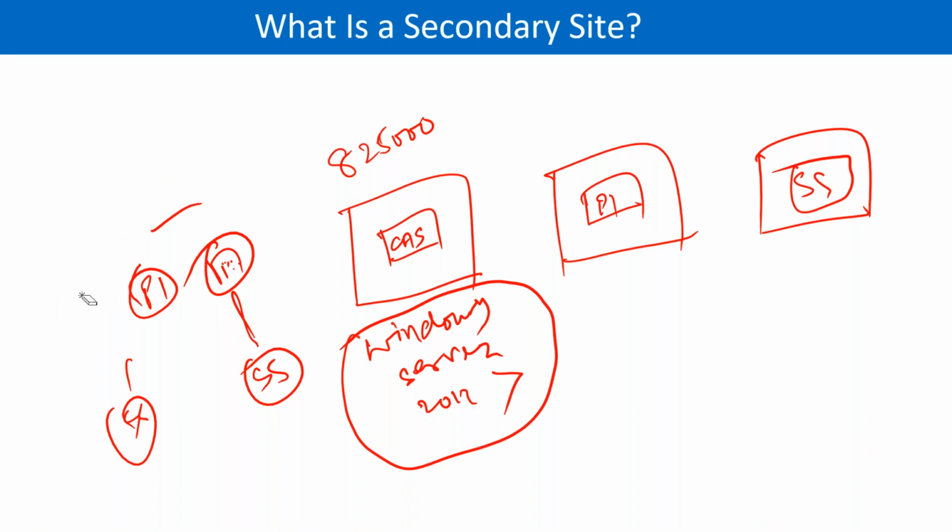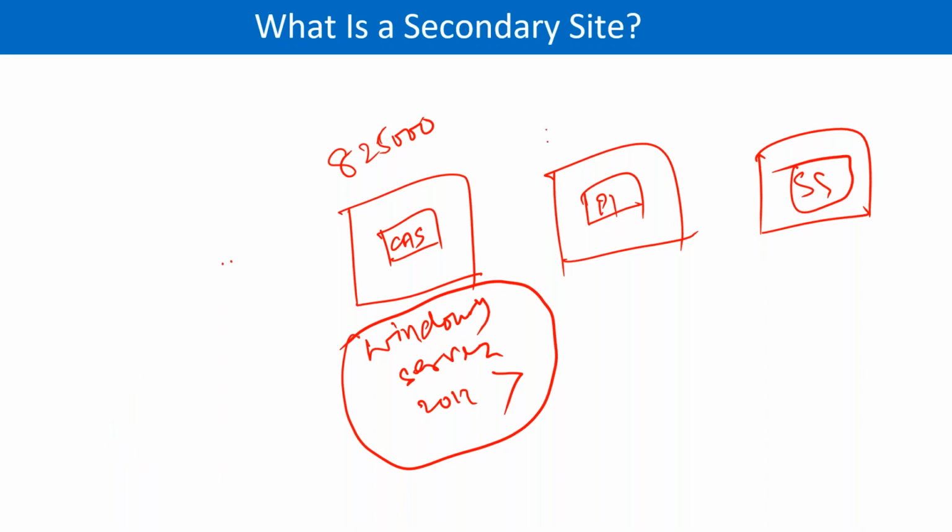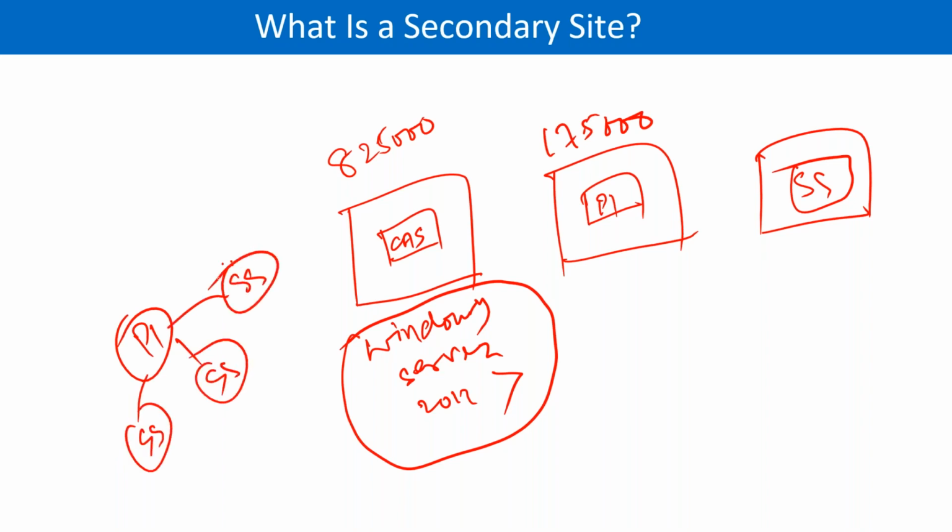Similarly for primary, in total 175,000 devices. So let's say primary 1 has 3 secondary sites. Whatever the number here and here, the total is 175,000.